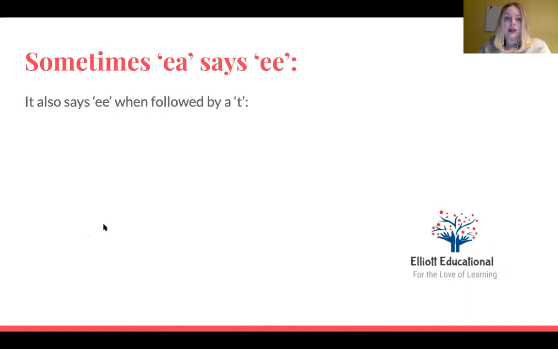Also, although we've just seen some words where the T is pronounced closer to a ch sound, the E and A also says E quite often when it is followed by a T. So words that do this would be meat, and that is meat as in food.